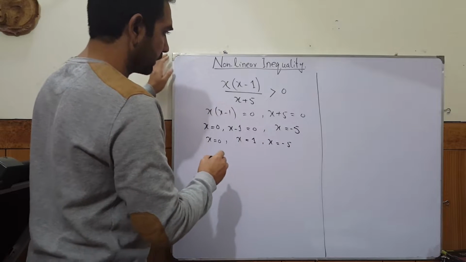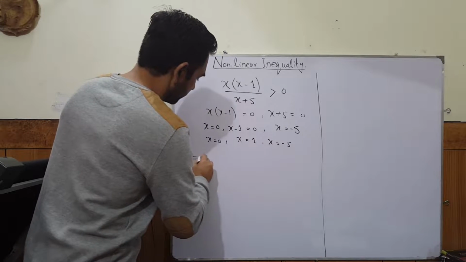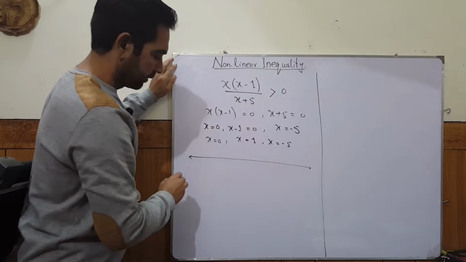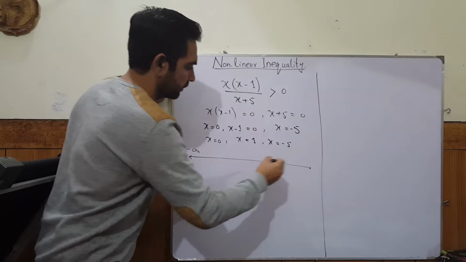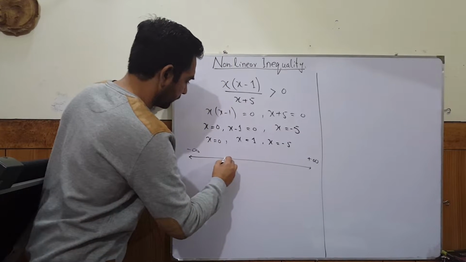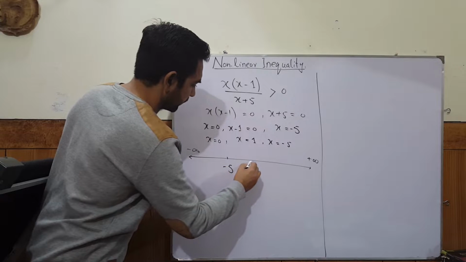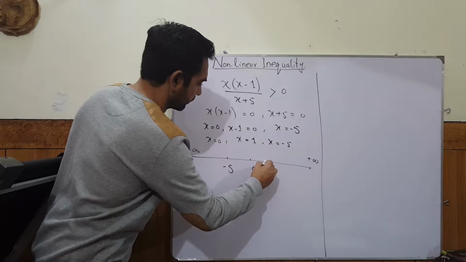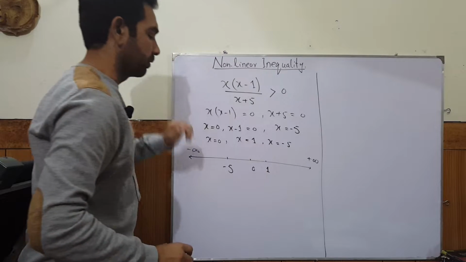So on the real number line, we have minus infinity and positive infinity, then we have minus 5, then we have 0 somewhere here, and then we have 1 somewhere here.